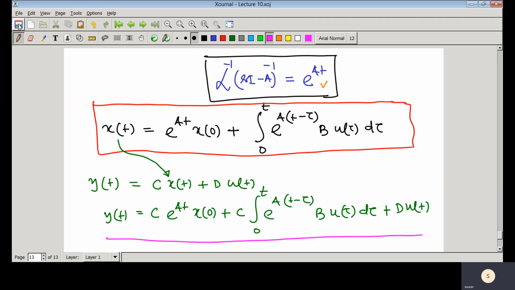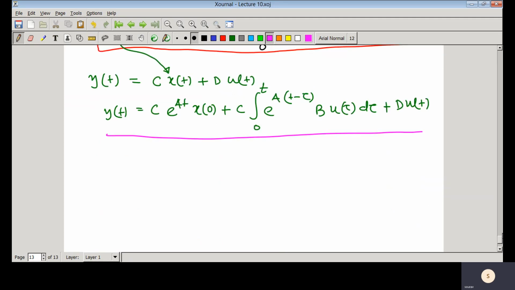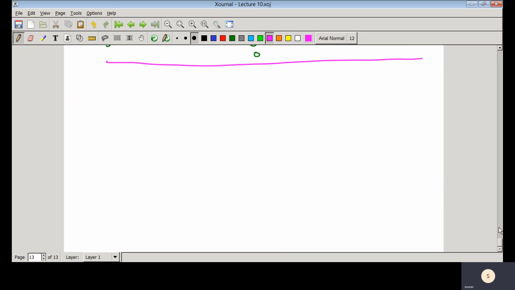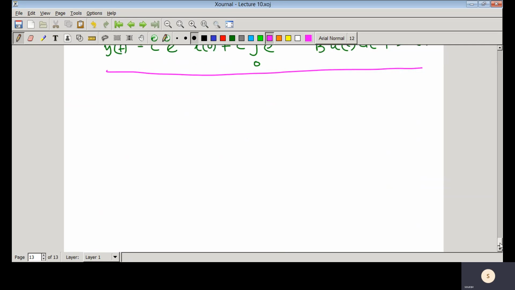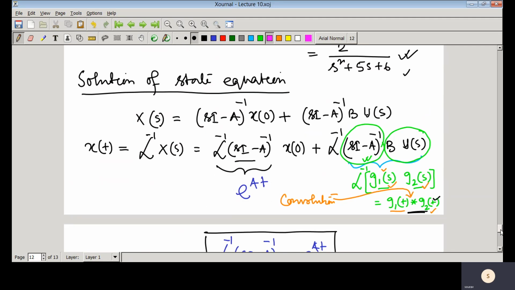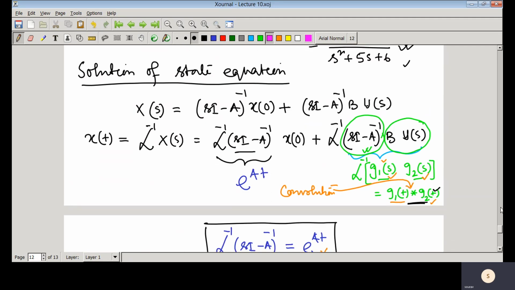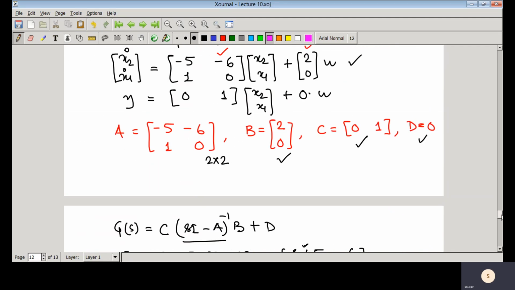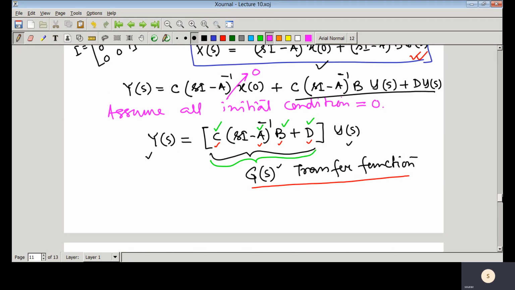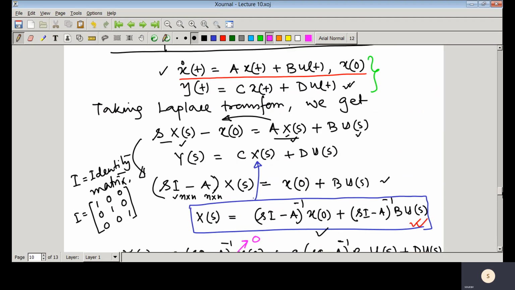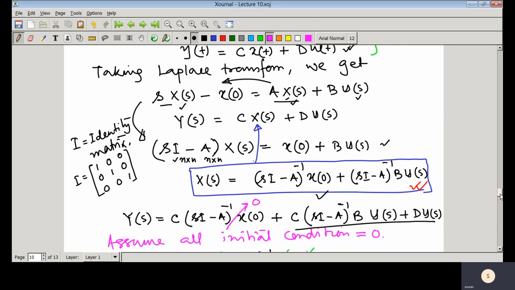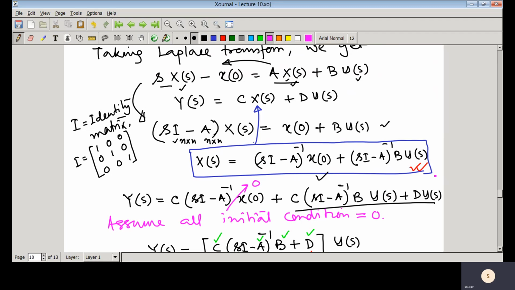So let us see what we have done. We considered these state equations, x dot equal to Ax(t) plus Bu(t), and we are trying to find the solution x(t). The solution we have obtained via the Laplace transform.